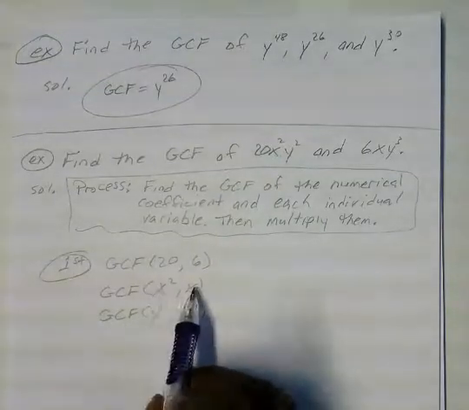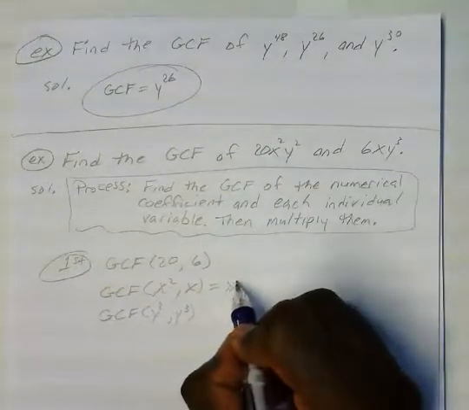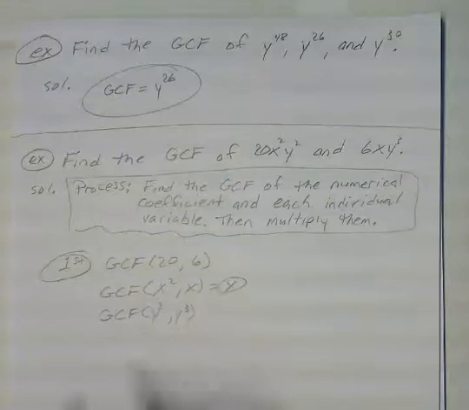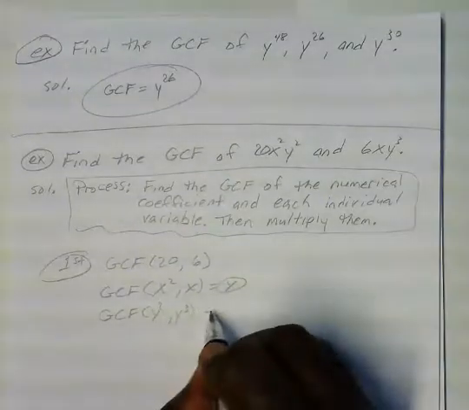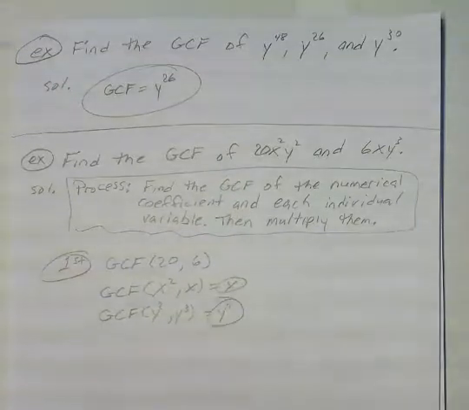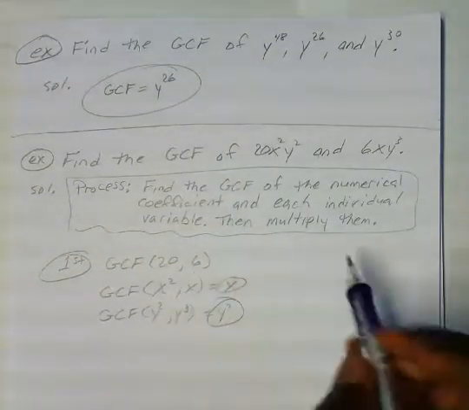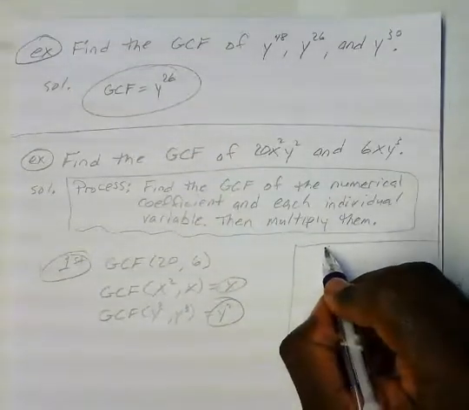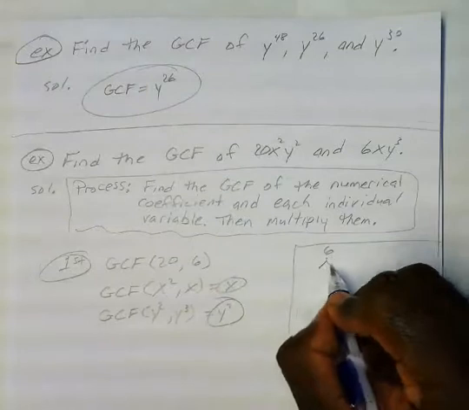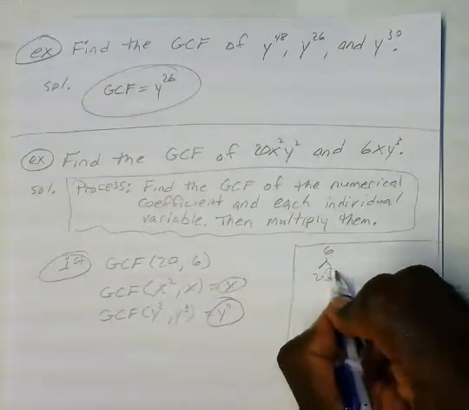Greatest common factor of x squared and x is just x. So we're good there. Greatest common factor of y squared and y to the third, smallest exponent is 2, so that's y squared. We're good there. Those two already done. Now the greatest common factor of 20 and 6. We know that 6 is 2 times 3.